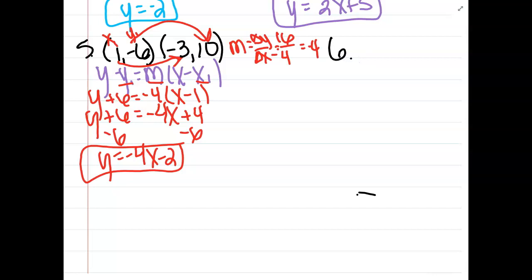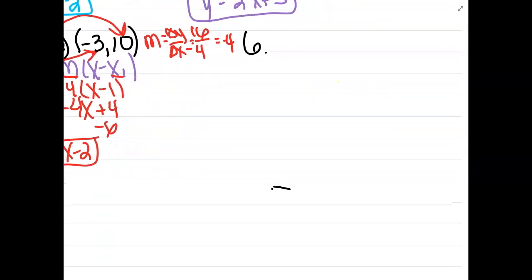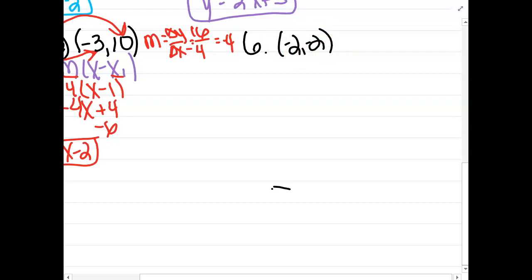Okay, let's do one more, and then I'll let you guys get started on your homework. Same type of problem. Let's say we want to write the equation of a line that passes through the points negative 2, comma, negative 2, and negative 6, comma, negative 4.